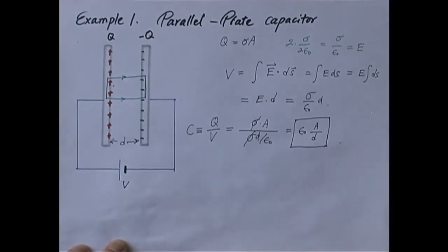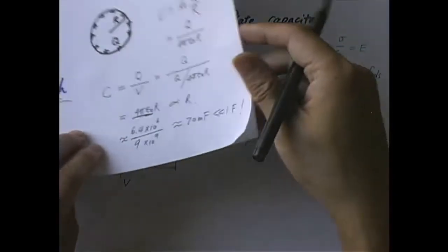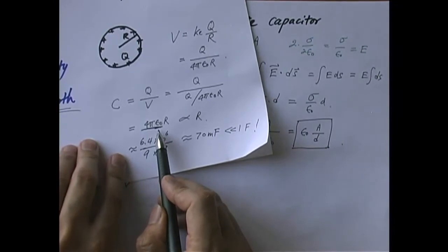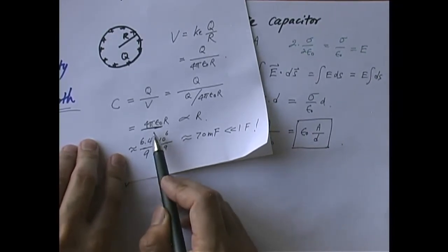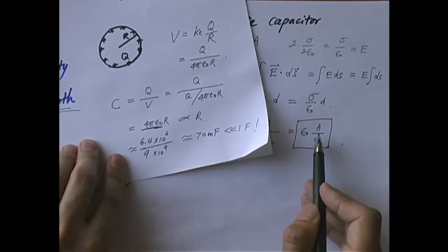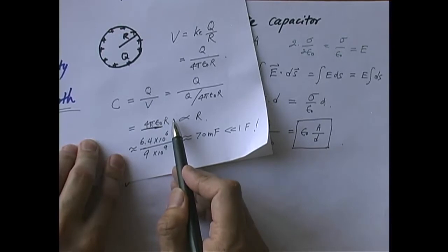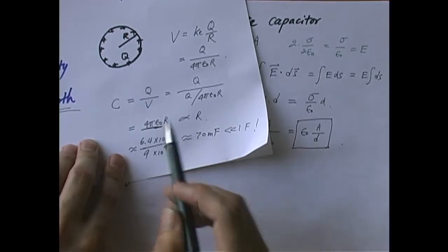Now, if you take a look at this versus the example we had before, the capacitance of a single spherical conductor, the result we got over there was 4 pi epsilon naught times r. Forget about that 4 pi, okay? There is an epsilon naught here, and it's just like there is an epsilon naught there. What follows is a single radius, single dimension.